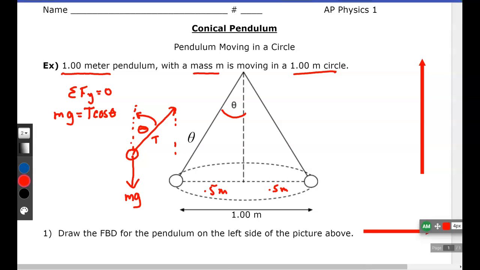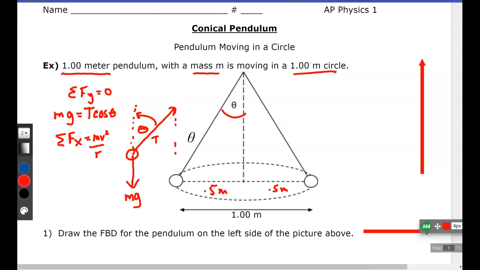Let's do a further analysis and say the sum of the forces in the x direction equals not 0 but mv squared over r. We could also say ma, but for this problem, we'll call it mv squared over r. That is the centripetal force, the force that's changing the direction of this pendulum bob. So what is the centripetal force?